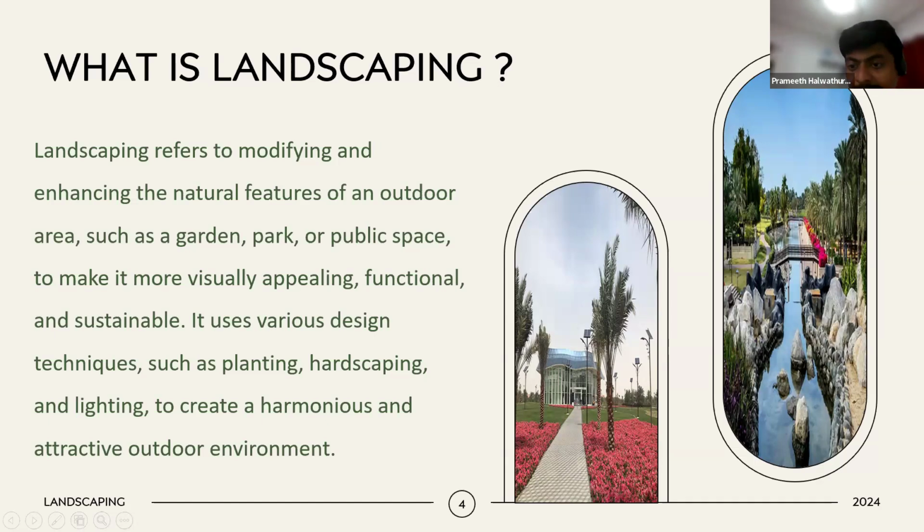Why are we using landscaping? Because we have to live there. If it is increasing day by day, second by second, the heat will increase, because infrastructure and everything supports increasing the temperature.